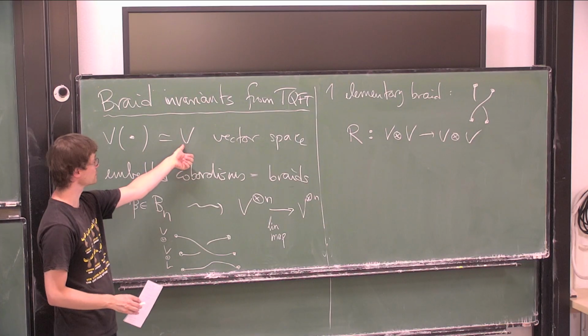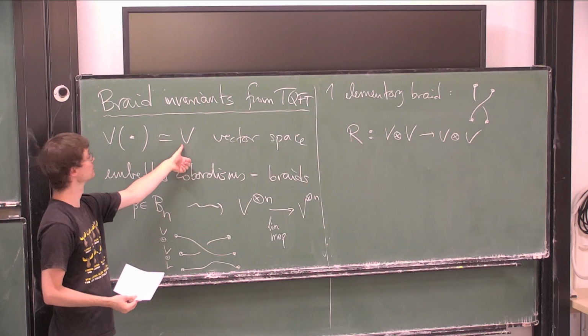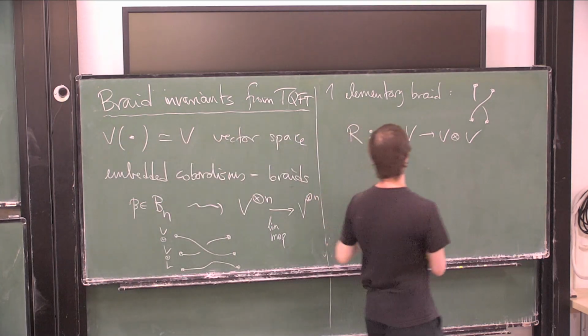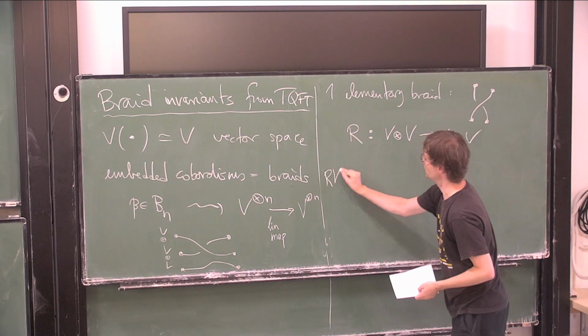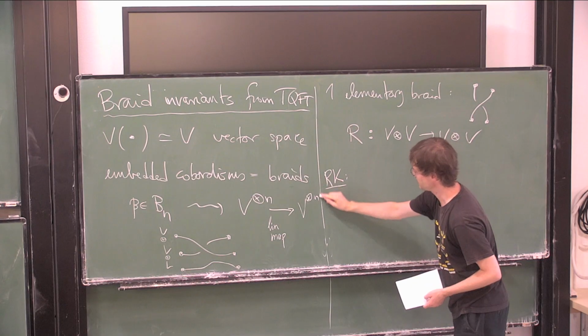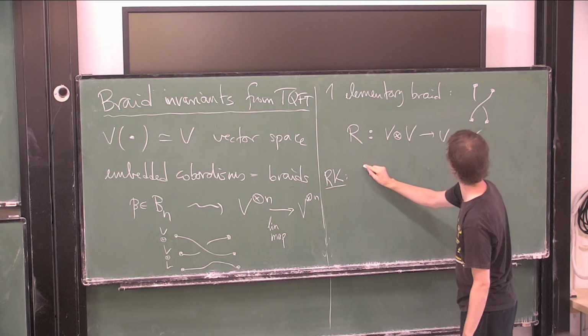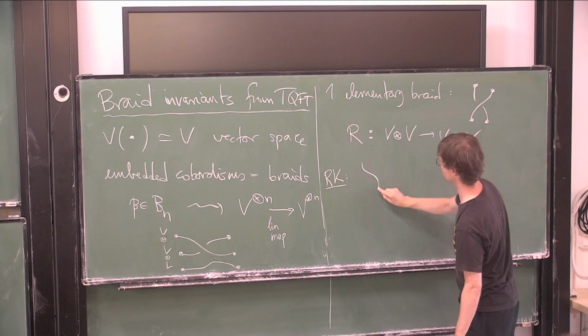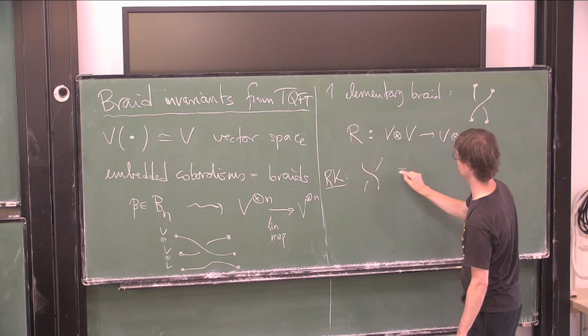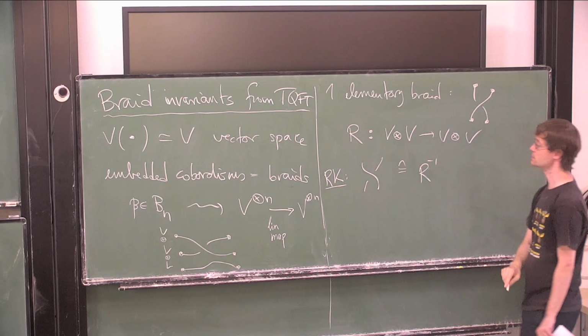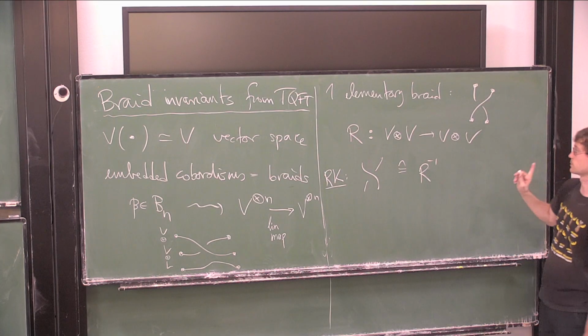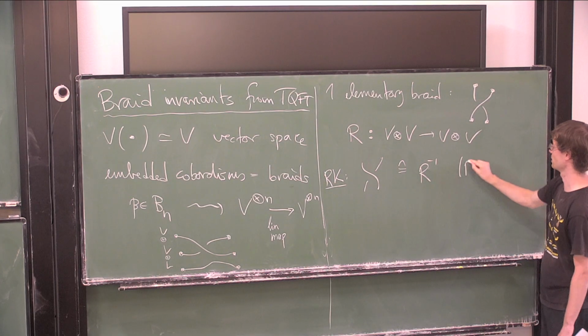First is the vector space, so just the dimension. And the second data is this R. Why is this everything? Well, first, if you take the opposite braid, this corresponds to R inverse. So there's one thing that R has to be invertible.